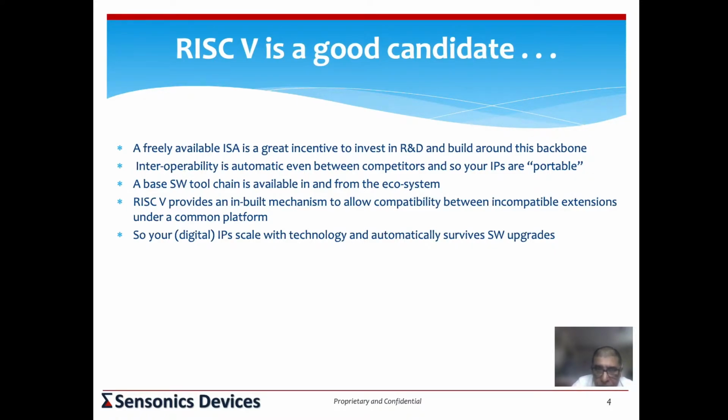But while you're developing the IP, you could actually spec it in such a way that should there be a piece of hardware that was not aware of the custom hardware that you built in, it could be a requirement for the IP that you make available to your customer. If there is another RISC-V which didn't have this piece of hardware, it should be able to emulate that in software. And how would it know whether it has or doesn't have that piece of hardware? There is a mechanism. RISC-V supports that mechanism.